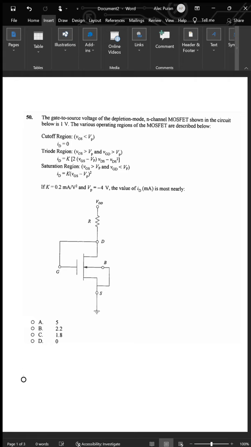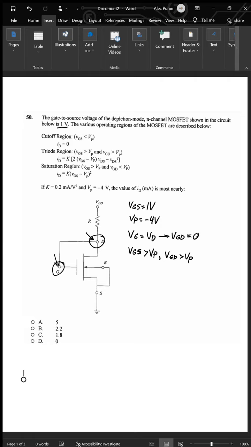We have VGD is greater than VP, because 0 volts is clearly also greater than negative 4 volts. And looking back to the relationships here of the operating regions, we have VGS is greater than VP, and VGD is greater than VP. So this fits the criteria of the operating region of the triode region. So I'll just write that down here, triode.